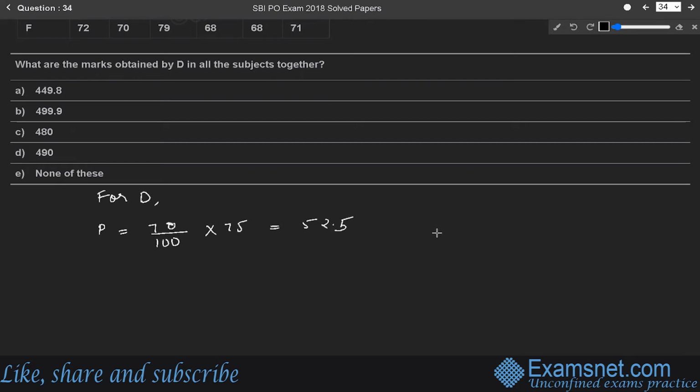Similarly, marks obtained by D in subject Q is equal to 85 upon 100 into 80, which is equal to 68. Marks obtained by D in subject R is equal to 82 upon 100 into 120. So it will be equal to 98.4.